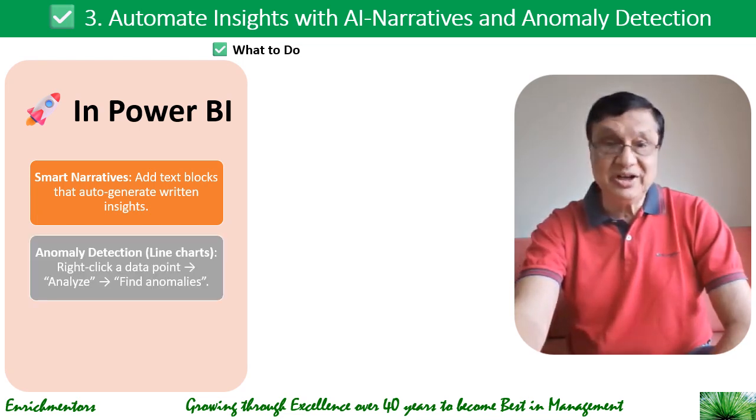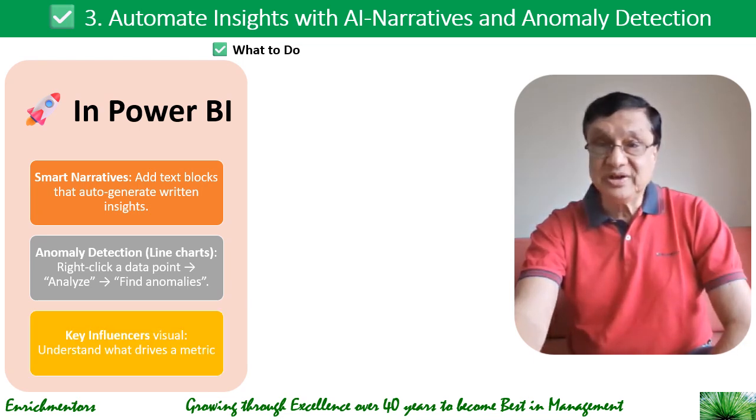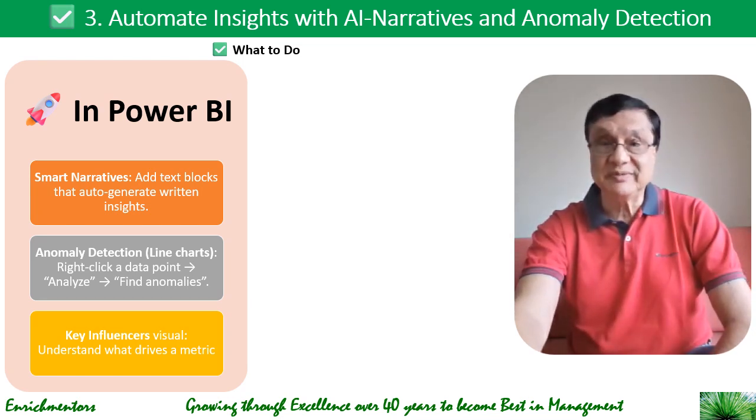You can do anomaly detection through line charts where you right click on a data point, then choose analyze, and then find anomalies. And also you can use key influencer visuals to understand what drives a metric. Say, for example, the churn or profit. If you want to understand the drivers, you can use the key influencers visual.